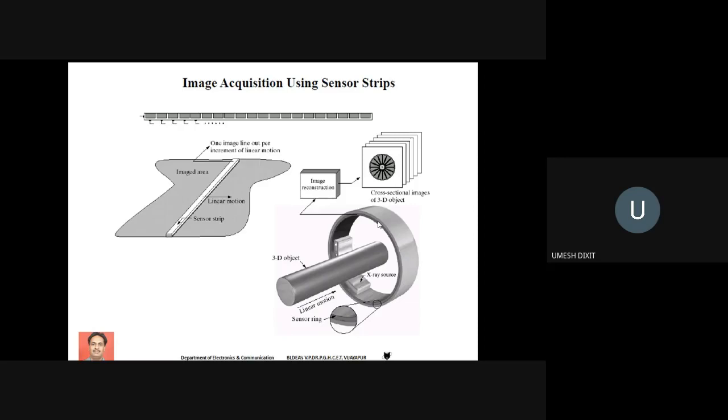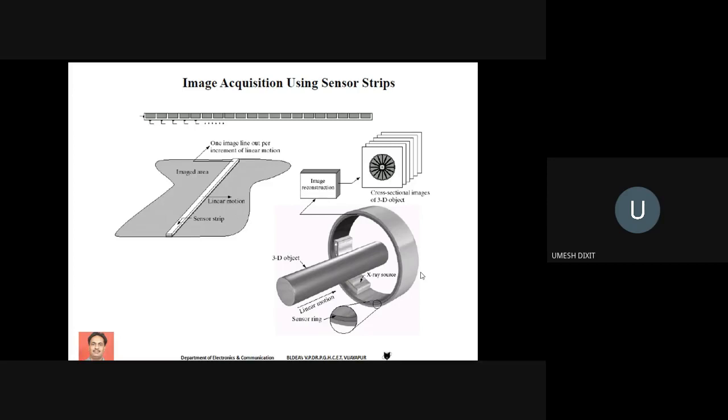And we have one more type of sensor which is shown in the diagram, which can be used for the purpose of obtaining a cross-sectional view or three-dimensional view of the object. The arrangement is we use a ring configuration in which the X-ray source will be there, and exactly opposite to this X-ray source we are going to fix the sensor rings.